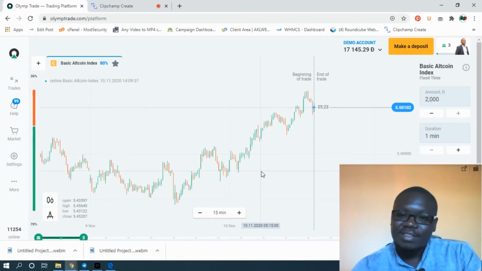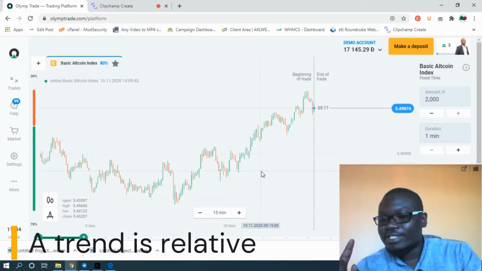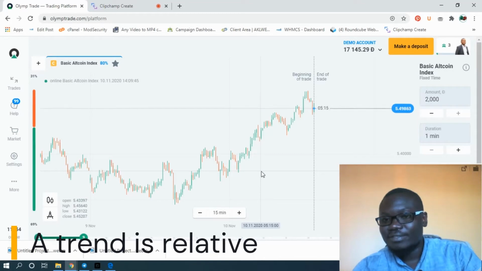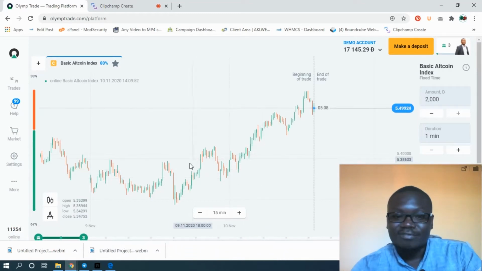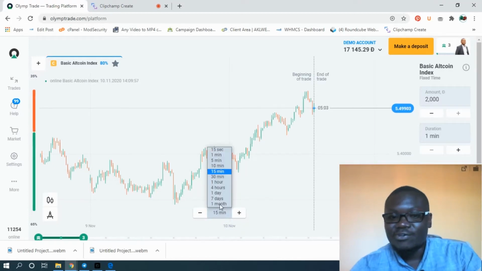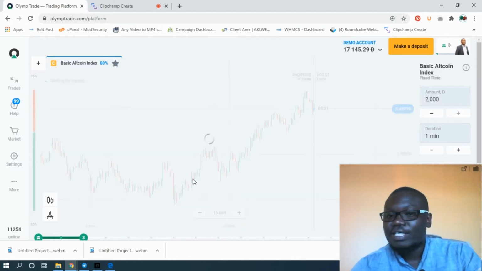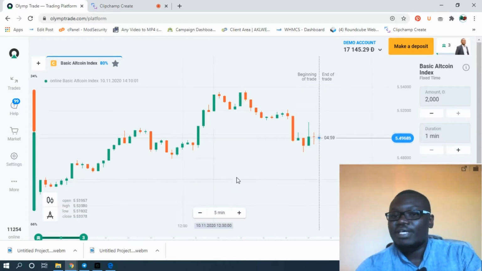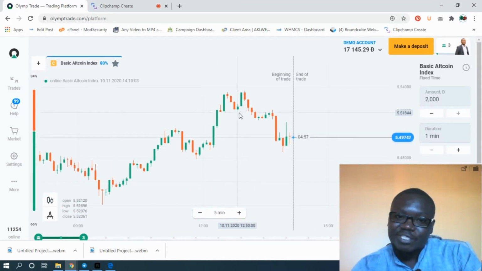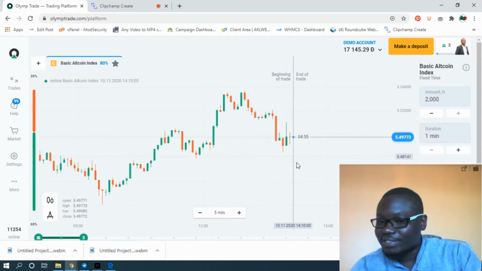But one thing that you have to pick from changing those time frames is, a trend is relative. The trend that you will see on a 15 minutes time frame is not the same trend that you may see on a 5 minutes time frame. You look at a 5 minutes time frame and you realize that the market is heading downwards.